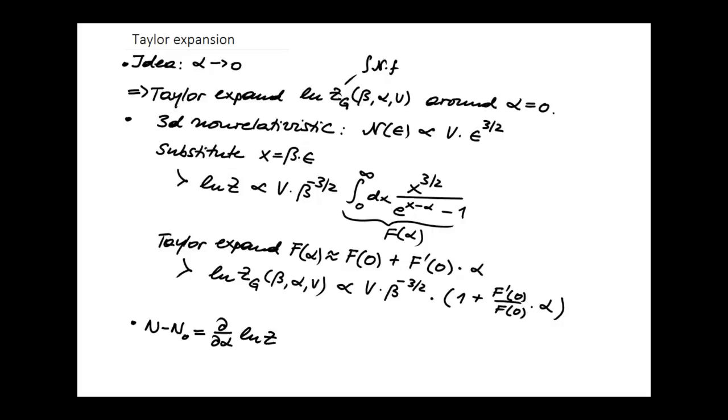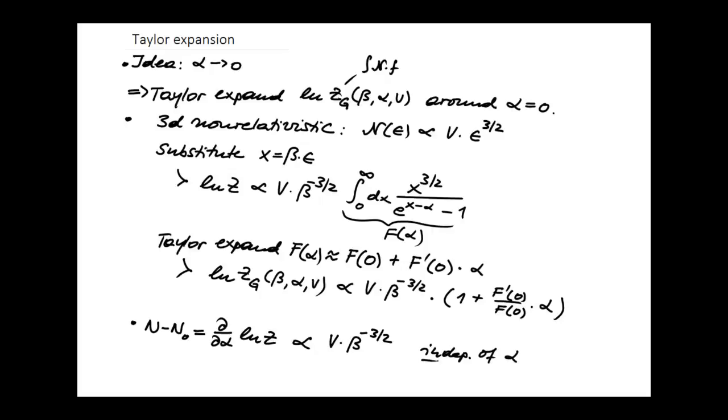And hence, this derivative of the log of the partition function with respect to alpha in the low temperature limit goes like the volume times beta to the power minus 3/2 and is no longer dependent on alpha. So this is then independent of alpha.